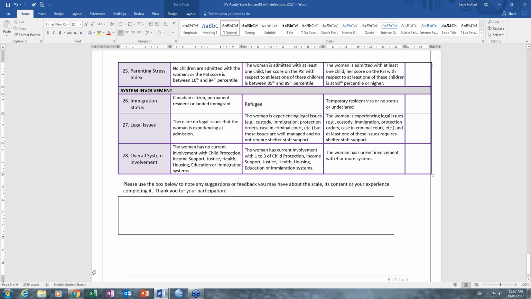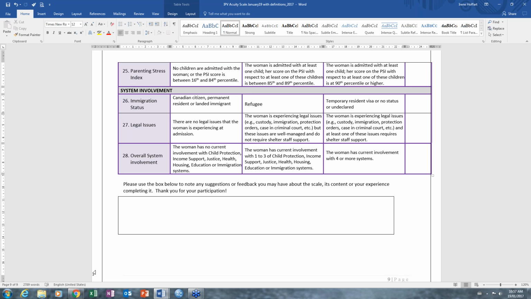So, system involvement. We had an interesting question about this when people were doing a live test of the scale. The question was, how is system involvement different from professional supports? The difference is that in professional supports, we try to get at how positive and effective those supports are. With system involvement, we're trying to get at the opposite, how much complexity those systems are adding.